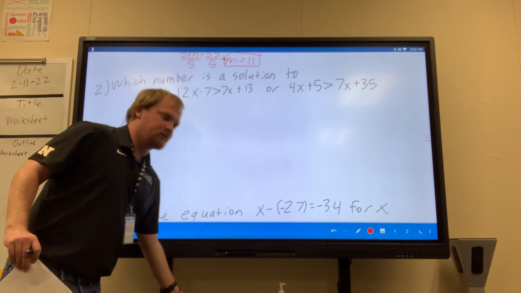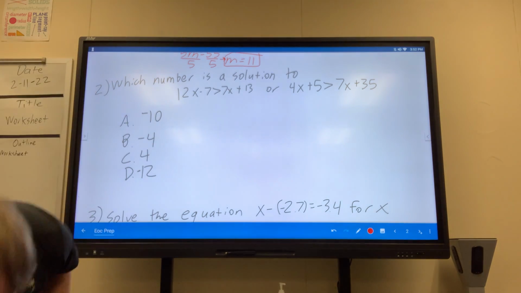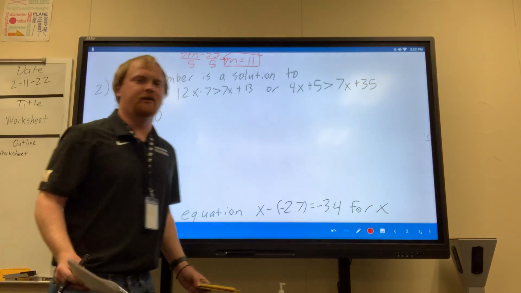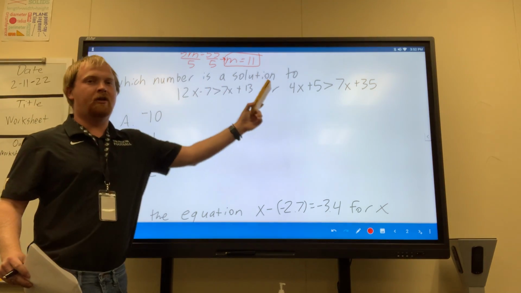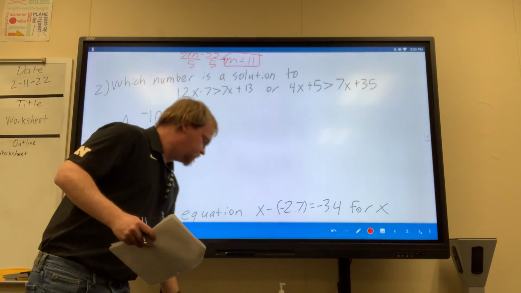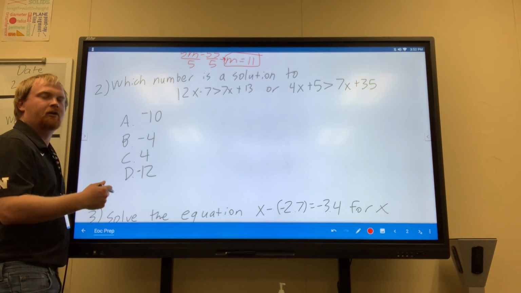One of the things we want to be able to do is solve these, what we call inequalities, because of the greater than signs, or less than if you actually see one. But now I have multiple choices here.